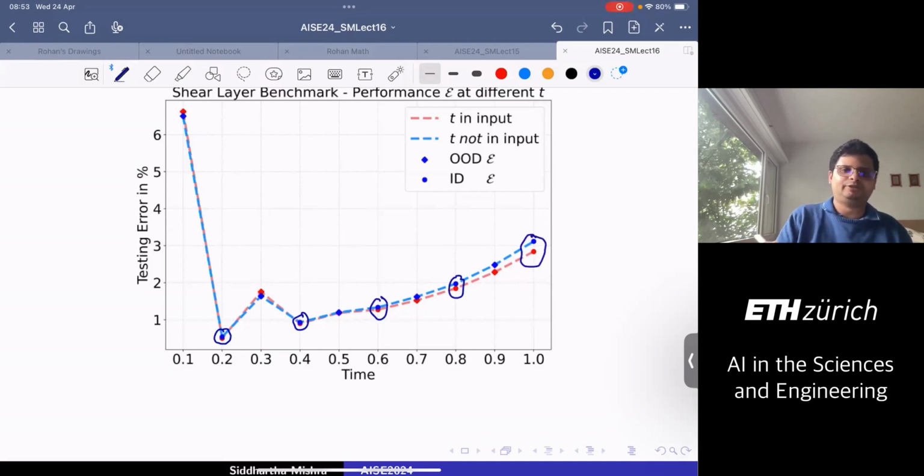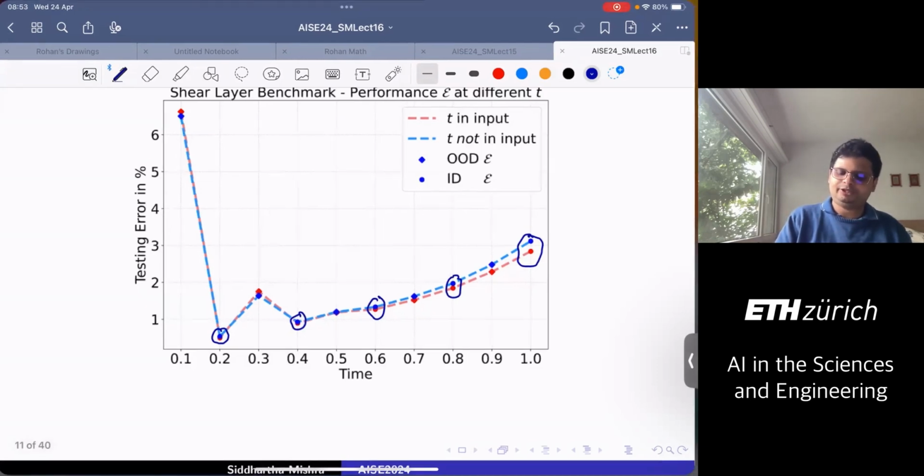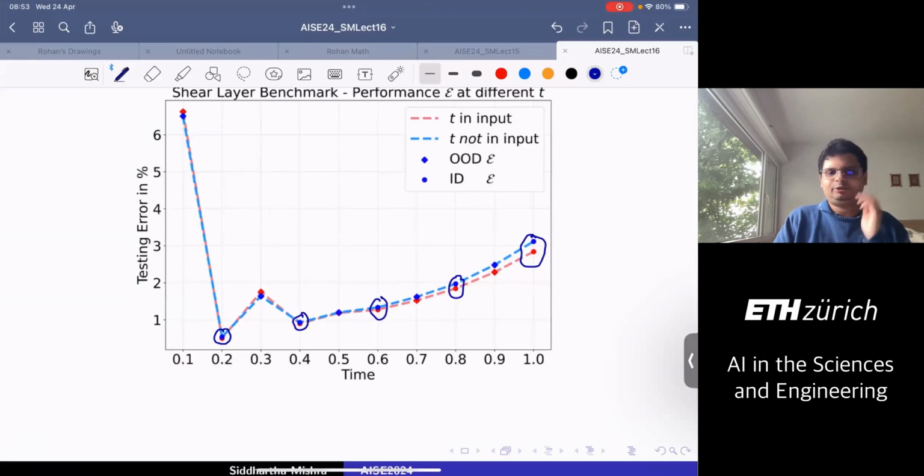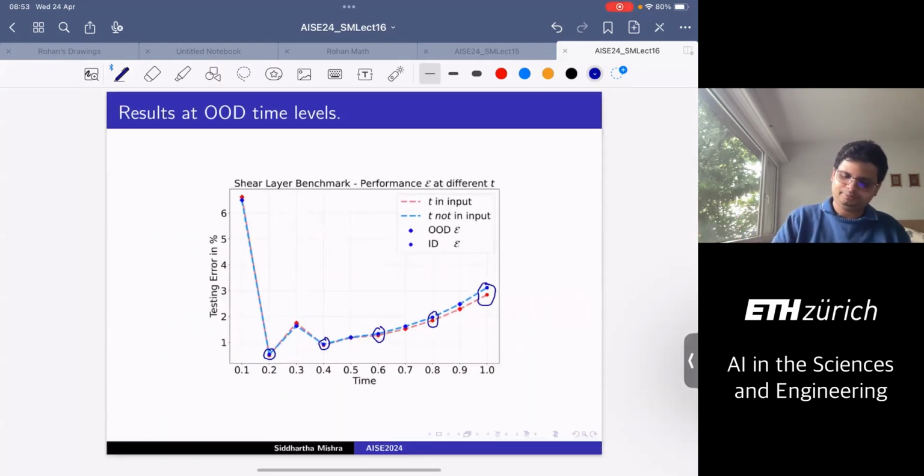In the beginning, there's a lot of error, of course, because remember that there's a very sharp transition, particularly in the y velocity. But other than that, even though 0.5 was never seen during the training, it is able to predict the solution at 0.5. The same with 0.7. It's able to predict that, and so on. So it's a continuous prediction in time, not just a discrete prediction.